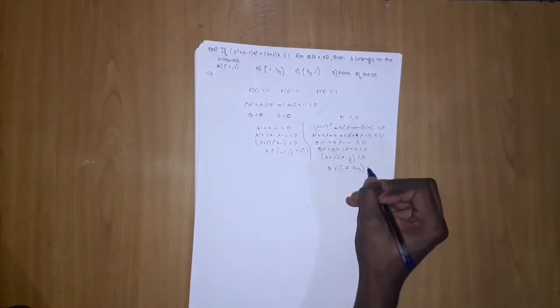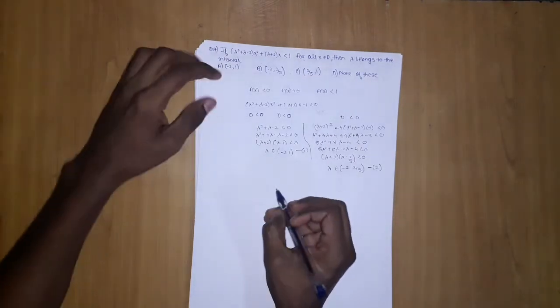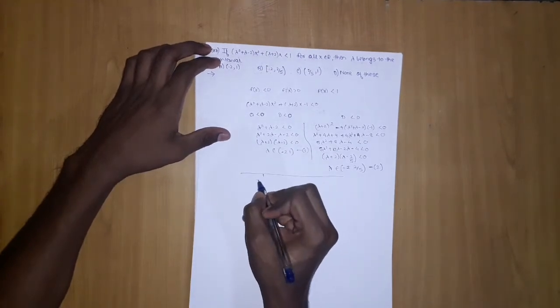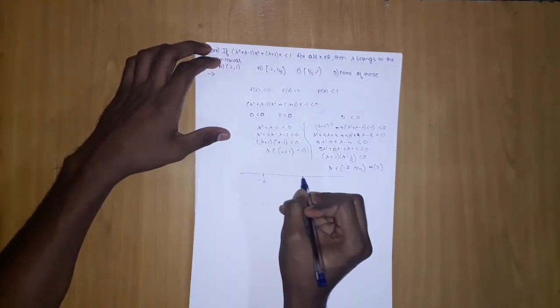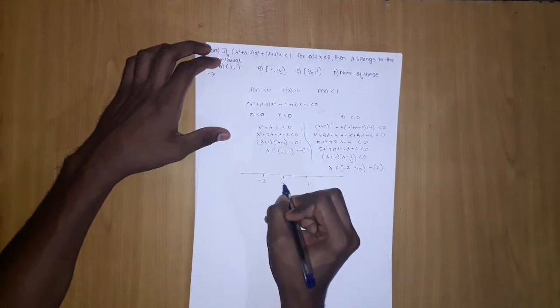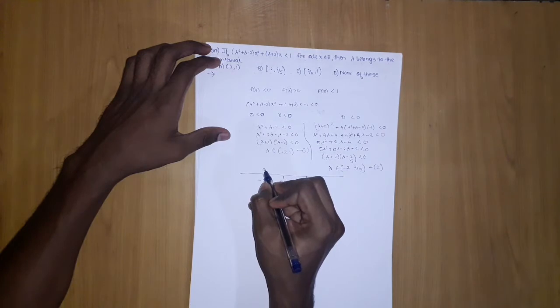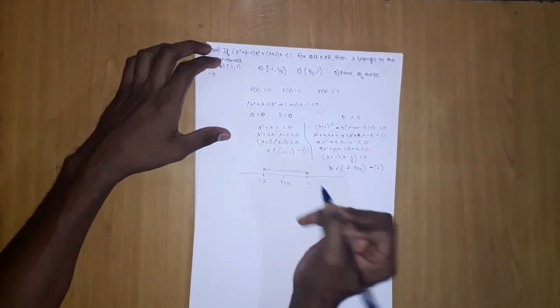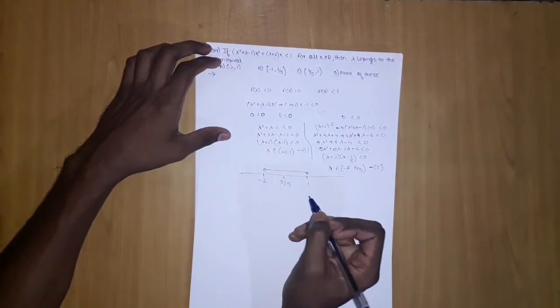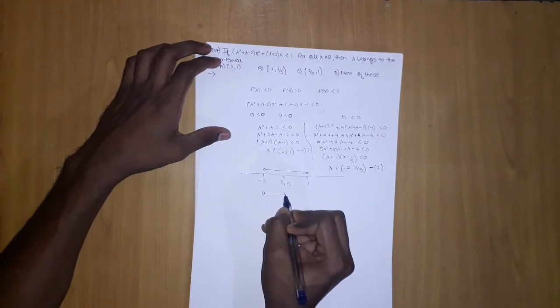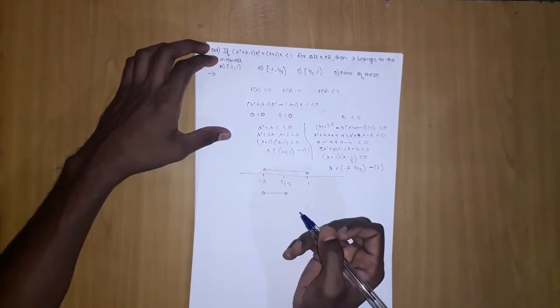We got these two intervals. Then let's plot them on the number line. We have minus 2, we have 1 here, we have 2 by 5 here. We know one belongs from minus 2 to 1, and moving further the other belongs from this to this. Now which part is common?